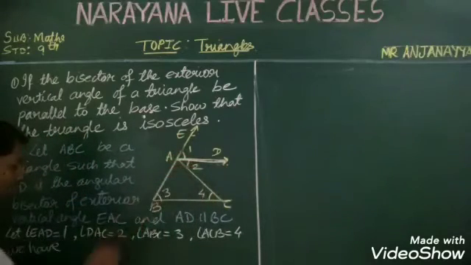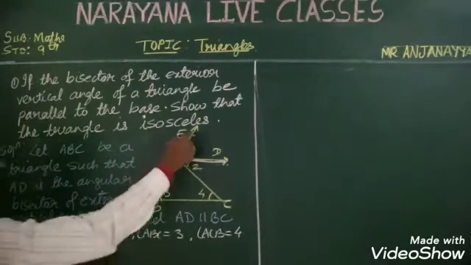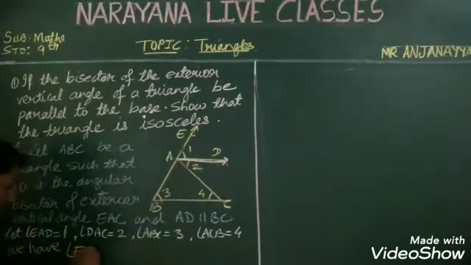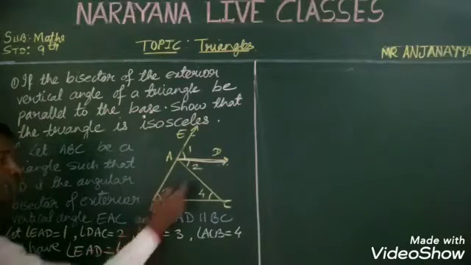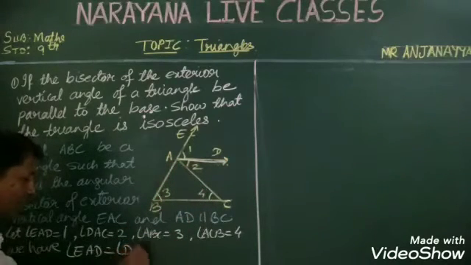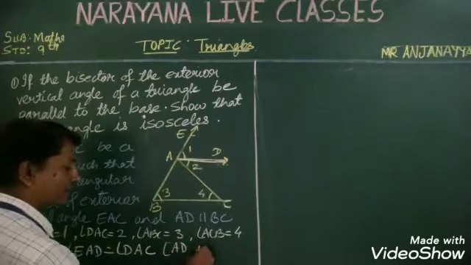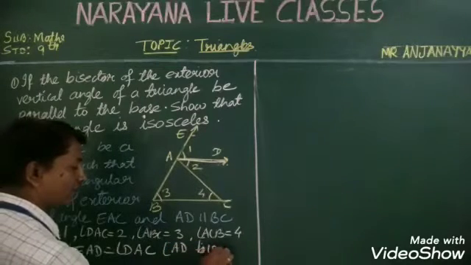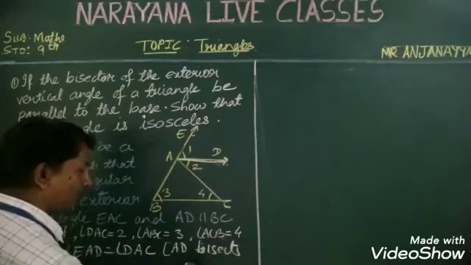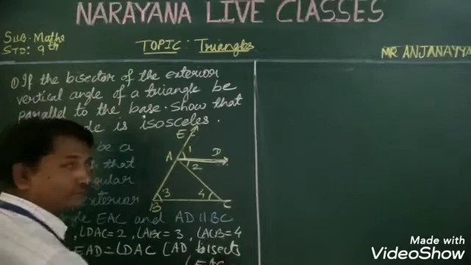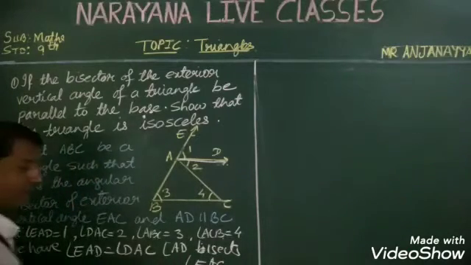So this angle and this angle are equal. That is angle EAD is equal to angle DAC. What is the reason? AD bisects angle EAC.